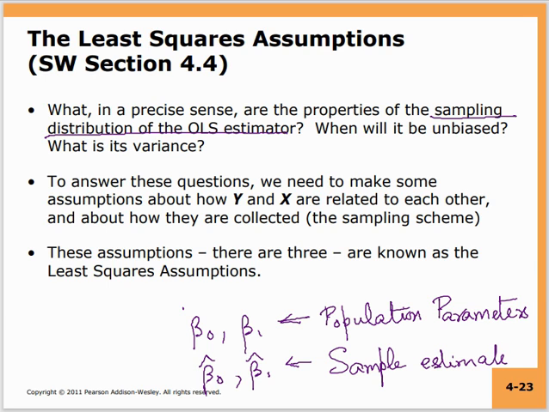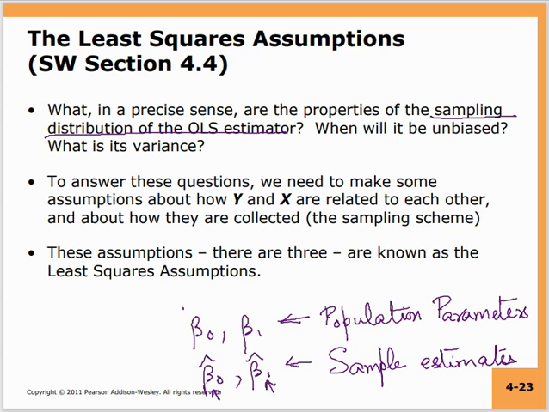Now, if you remember our discussion from the previous review of probability and statistics lectures, this is true for only one particular sample. We get some value of beta 0 hat and some value of beta 1 hat. If we had taken a different sample, we might have got a different value of beta 0 hat and beta 1 hat.